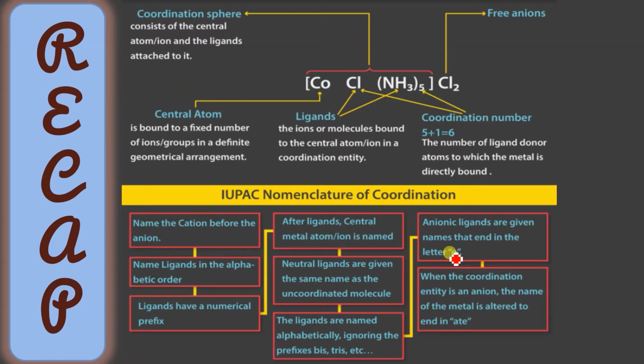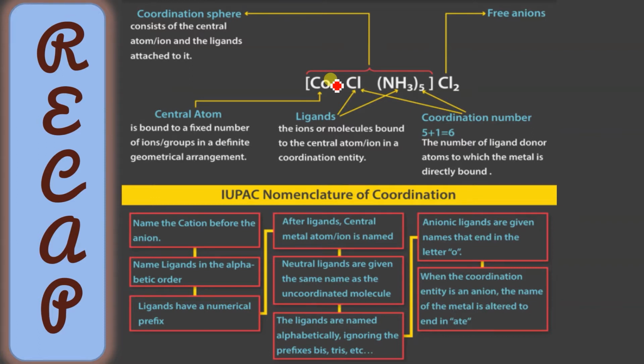Some end with ido also, like chlorido, cyanido, something like that. When the coordination entity is an anion, the name of the metal is altered to end in ate. If it is a cationic complex, it will be named like cobalt, but if it is an anionic complex, then it will be cobaltate, ending with ate.